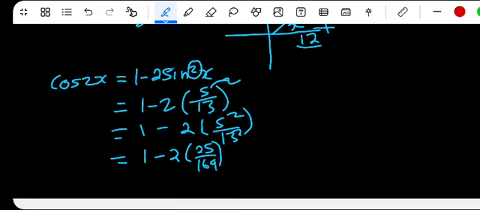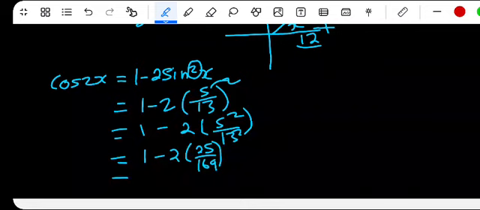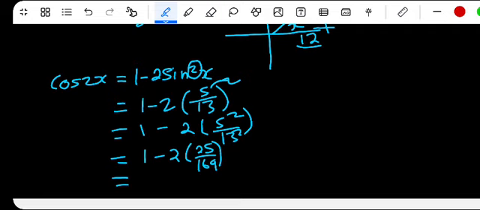If we punch this on a calculator, 1 minus 2 multiplied by 25 over 169 will give us 119 divided by 169.